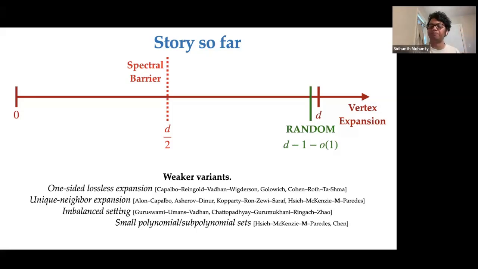But this is great because actually a lot of the applications that I mentioned early on in the talk, including the one which I illustrated with error correcting codes, do actually only rely on one-sided lossless expansion. There is a single application to quantum codes of two-sided lossless expanders, which are not covered by any of these weaker variants.